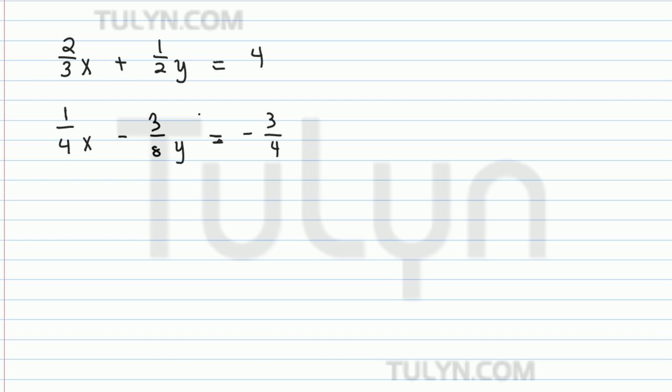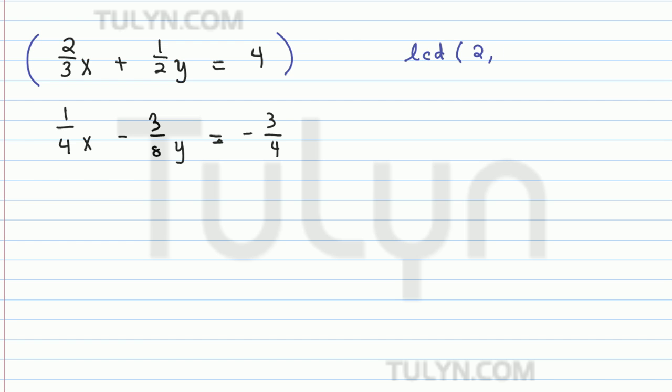Now, you can try to solve this as is using the fractions, but usually fractions imply more errors because we're not used to dealing with fractions as much. So what I want to do is get rid of all of these fractions by multiplying both of these equations by the lowest common denominator. So for the first equation, we want to multiply by the lowest common denominator of all these denominators.